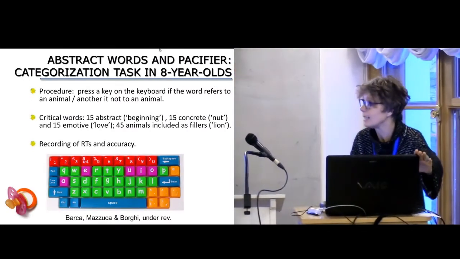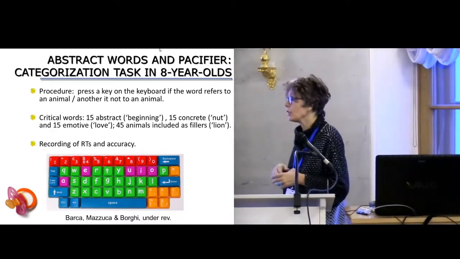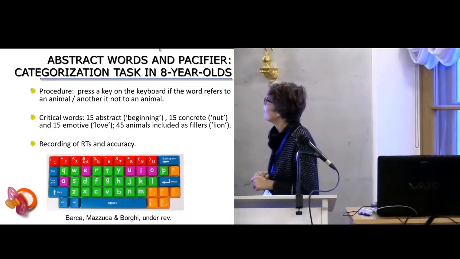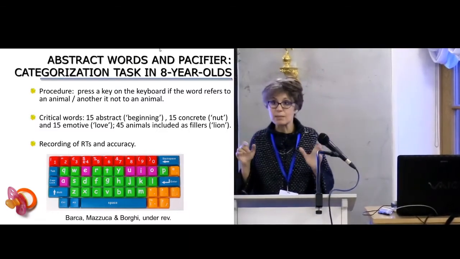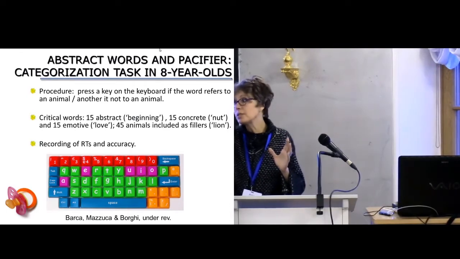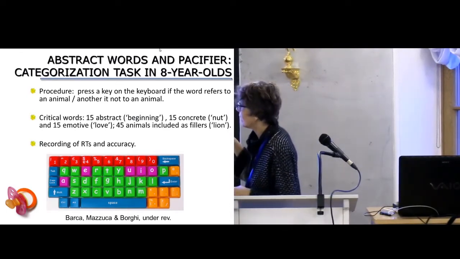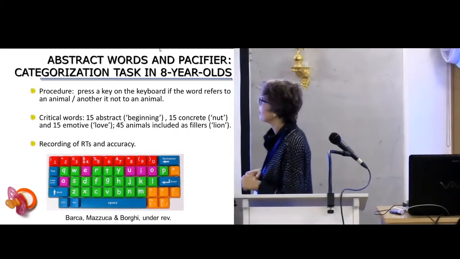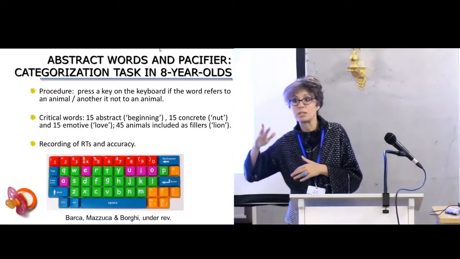We have, as I said, a further study in which we tested categorization in 8-year-olds. Again, a very simple study, this time with response times, with children who had used the pacifier for different periods. The children had to press a key on a keyboard if the word referred to an animal, and another key if it was not an animal.